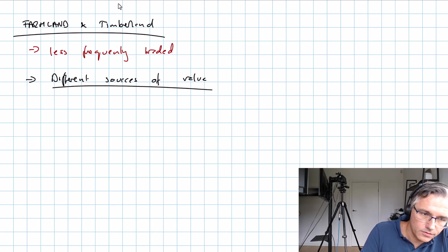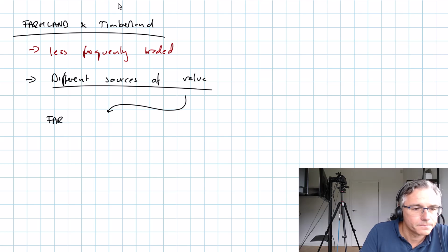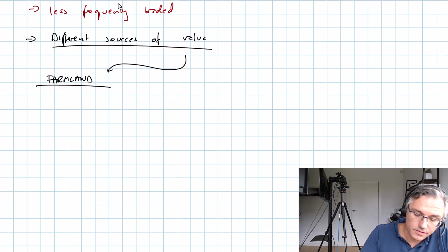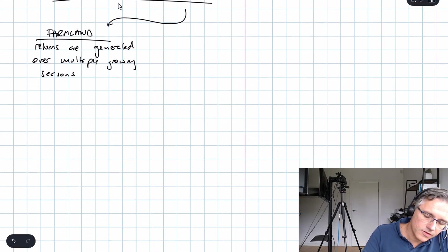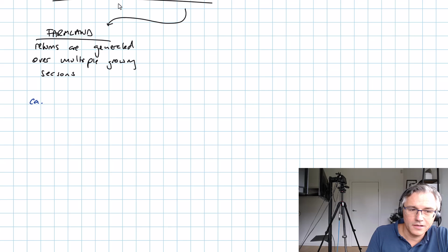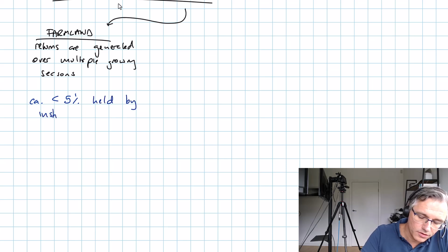When it comes to farmland, the returns are generated over multiple growing seasons or growing cycles, and your curriculum also notes that less than 5% of farmland is actually held by institutional investors.